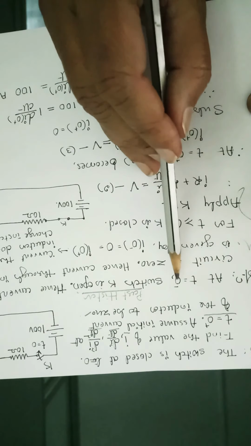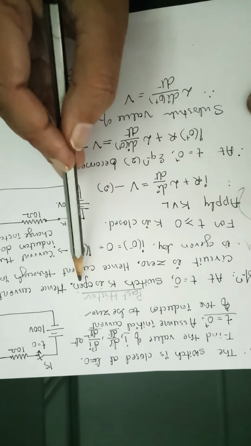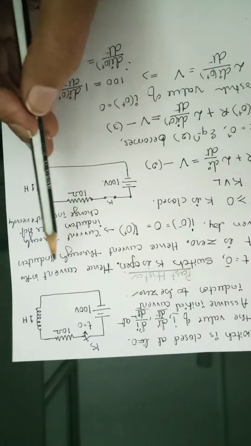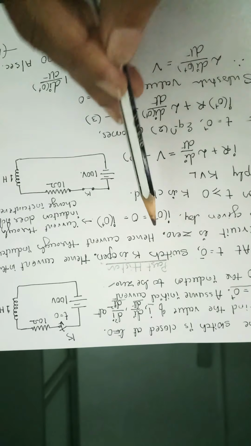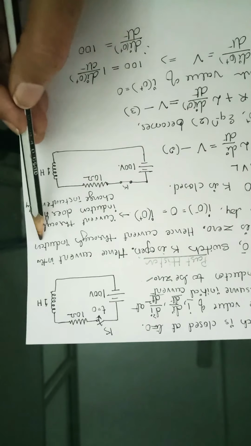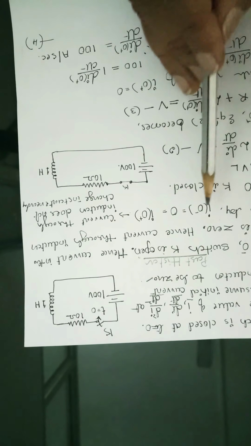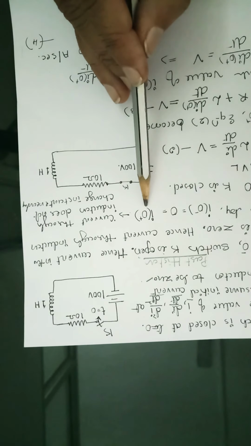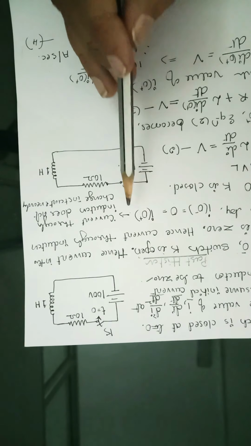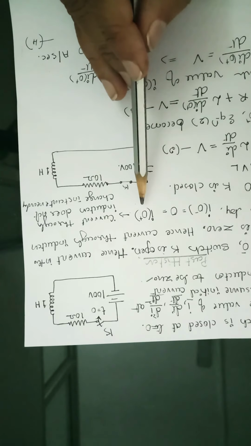See, at t equal to 0 minus, switch K is open. Hence, current in the circuit is 0. Hence, current through the inductor is given by i(0 minus) equal to 0. That will be equal to i(0 plus). What is the reason for this?